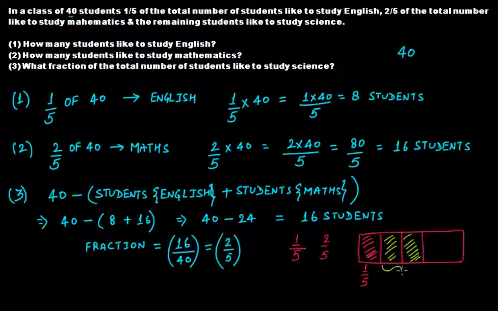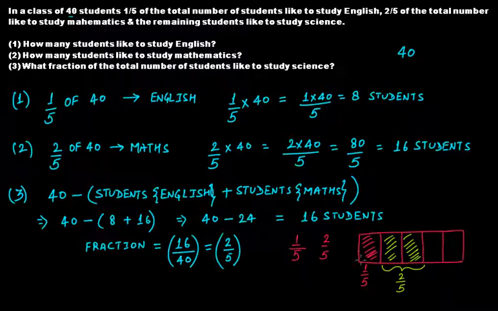Why? Because we have divided the total number of students into 5 equal parts, right? 1, 2, 3, 4, 5. Basic definition of fraction. You can see that here the denominator is 5, and here the denominator is 5. That tells you that the total number of students has been divided into 5 equal portions.